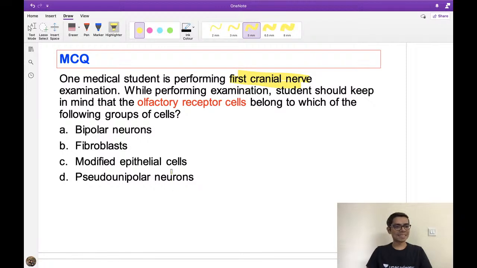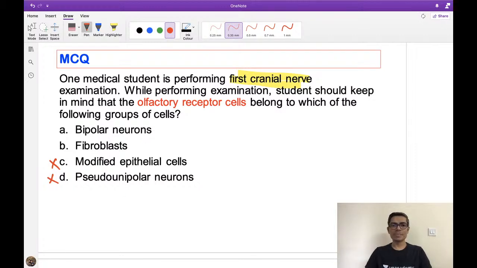D is C, modified epithelium cell. So the olfactory receptor cell, where are they located? They are located at the roof of the nose. It's not C, it's not D. Pseudo-unipolar neuron is true for every sensory pathway, like for example touch, pressure, pain.